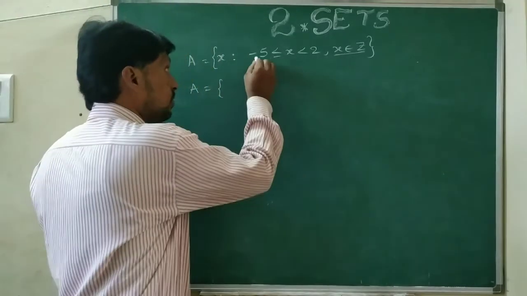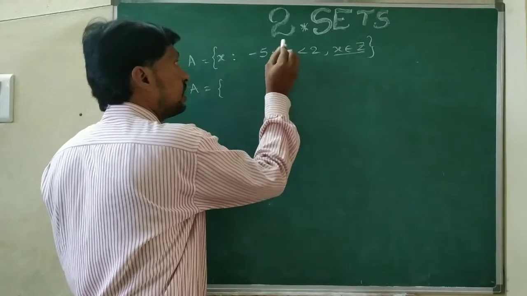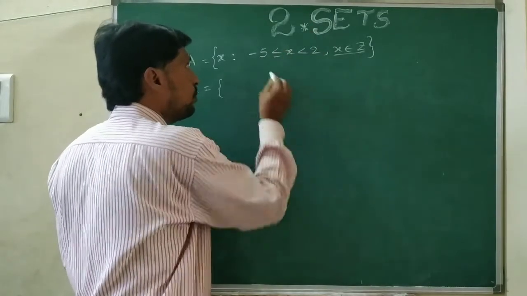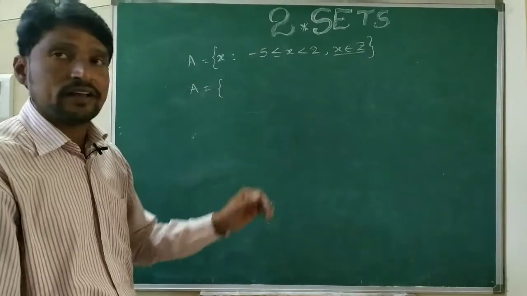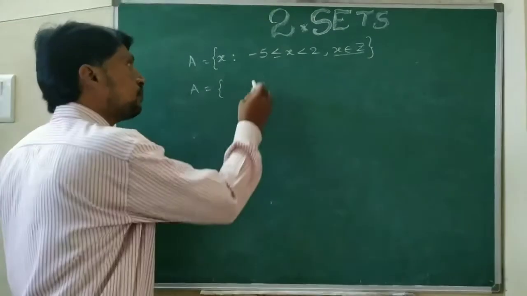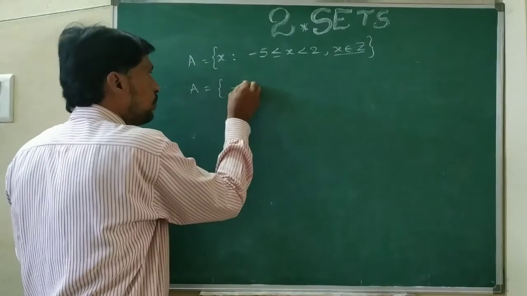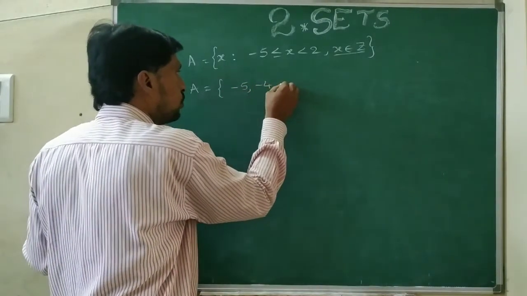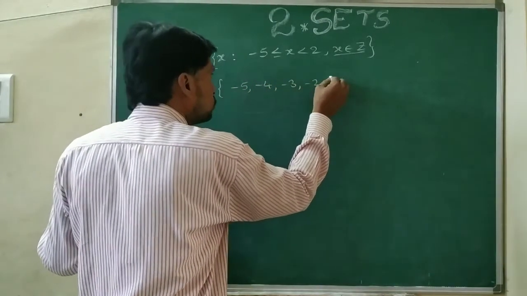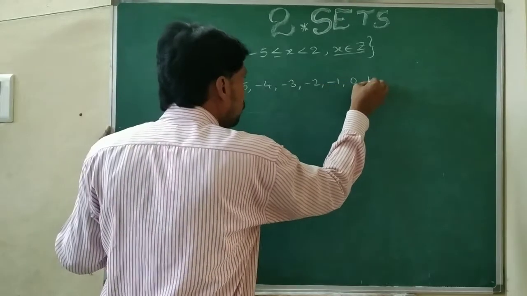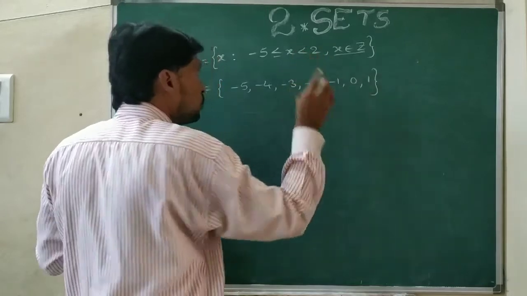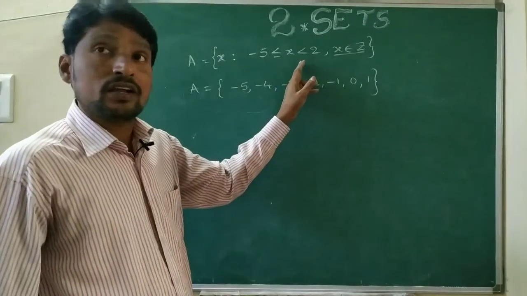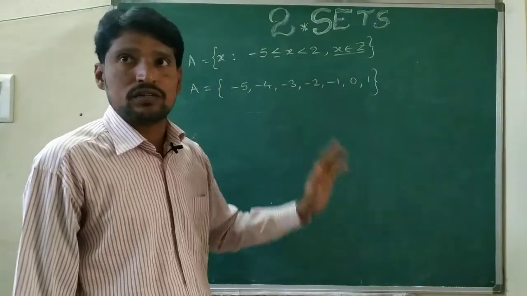So here minus 5 less than or equal to x less than 2 means we should consider minus 5 to 2. Minus 5, minus 4, minus 3, minus 2, minus 1, 0, 1. Up to 1 only here. Don't consider 2. Why? Because here it is not the equal to.